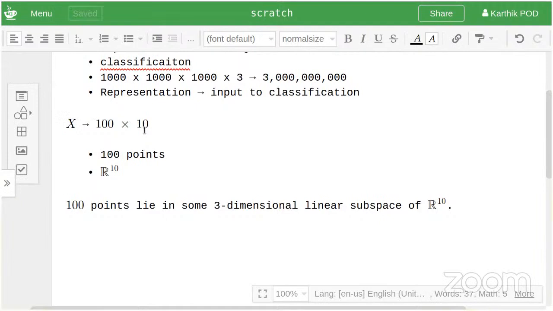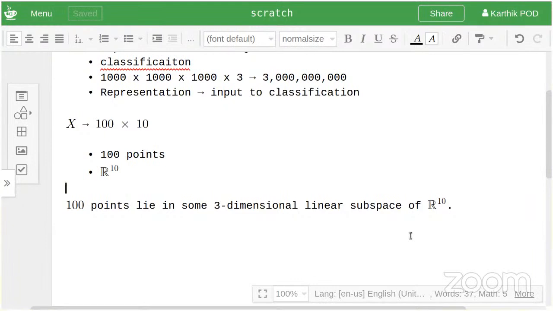Yeah, because of the equivalence of row rank and column rank, we are ultimately coming to rank when we talk about independence. So what I'm saying here is that these 100 points, let's say, lie in a three-dimensional linear subspace of R10. Then the span of the rows will be in some three-dimensional space, because the rows are nothing but the data points.